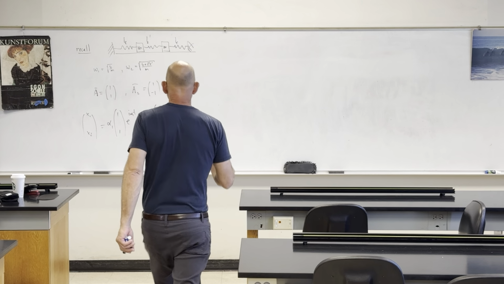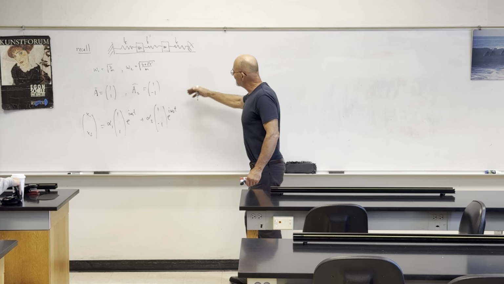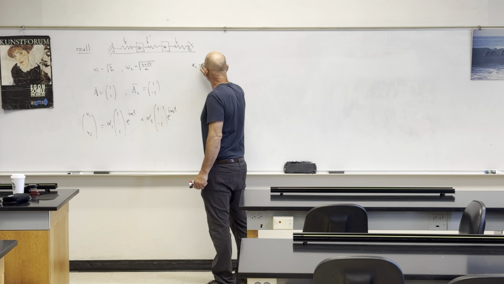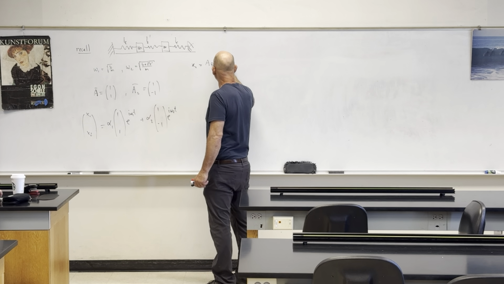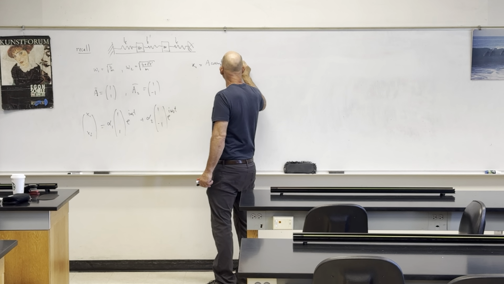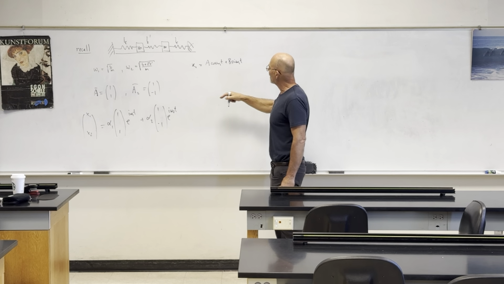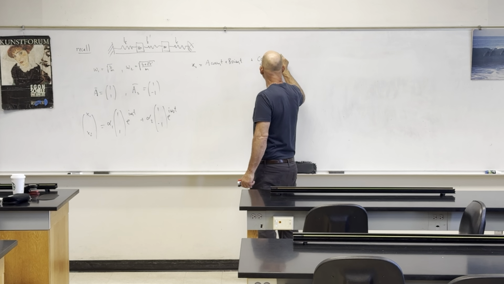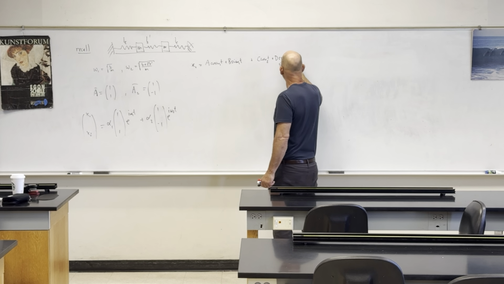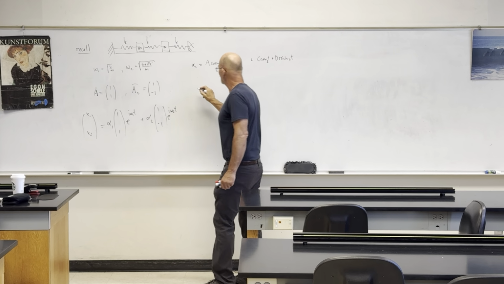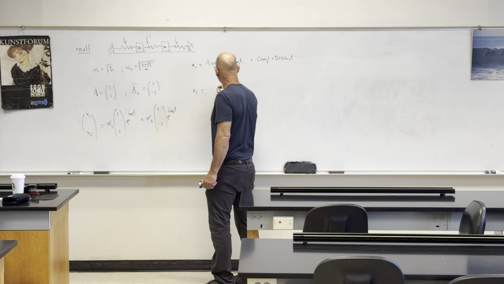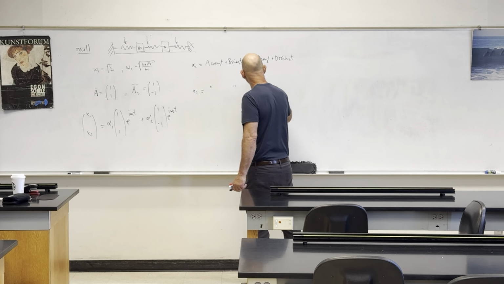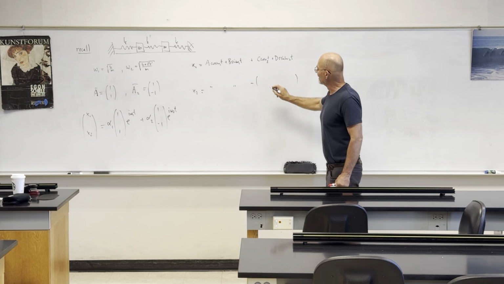Very nice. So from here we said, okay, x1 equals a cos omega 1t plus b sine omega 1t. That was going to the real parts, plus c cos omega 2t plus d sine omega 2t. And then x2 was the same thing here, minus those same ones there.